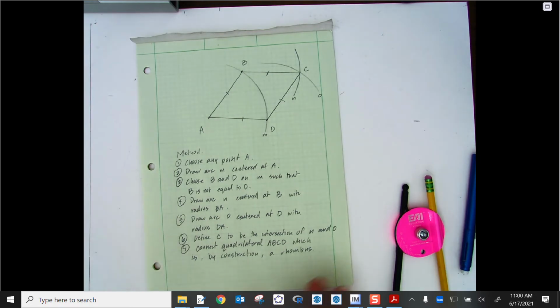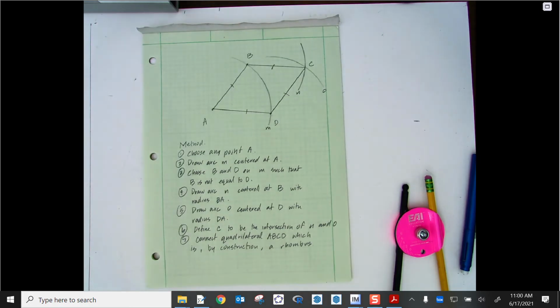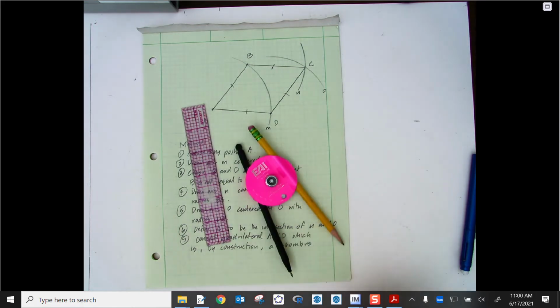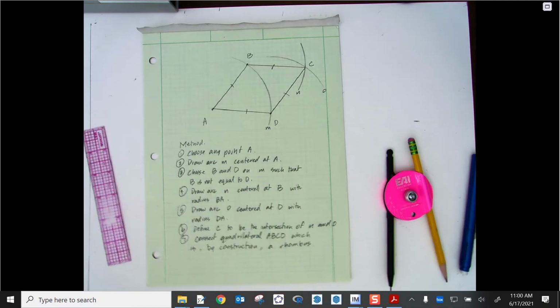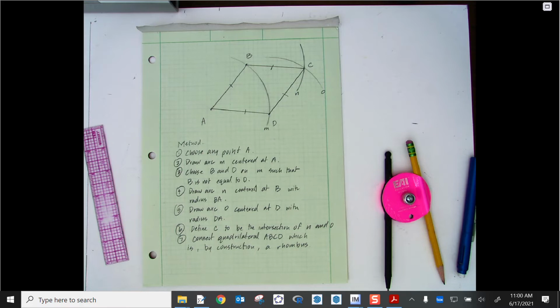Okay, so that's the way we would synthetically, using just simple tools like a straight edge and a compass, as well as a drawing tool, construct, sorry, a rhombus.